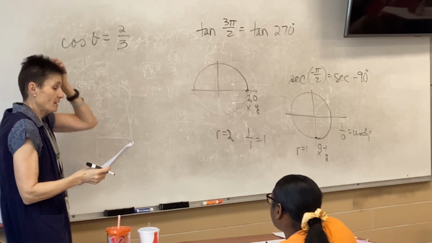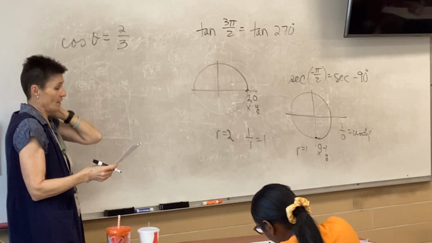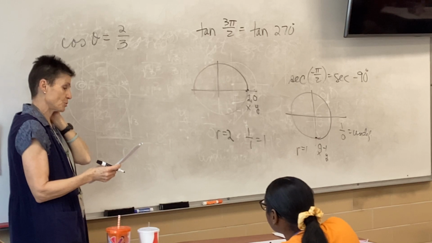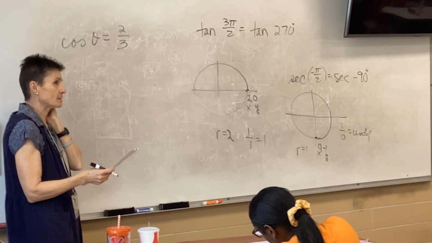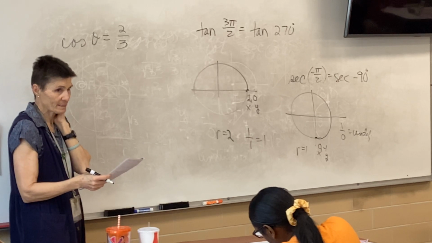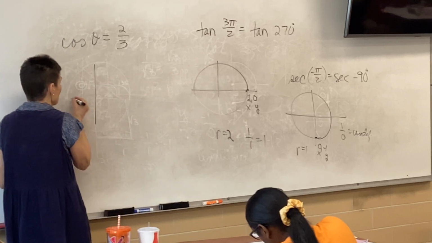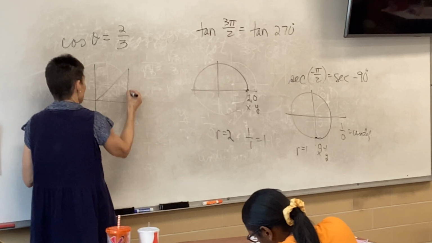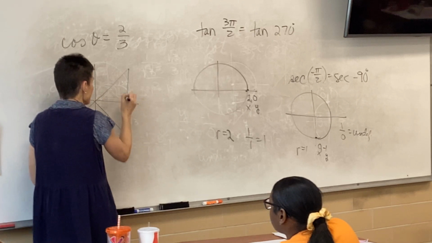All right, use the given to find the desired values. The cosine is 2/3, and the tangent is negative. Less than 0 means negative. So I want you to think about your butterfly bow tie. And this is like a puzzle.